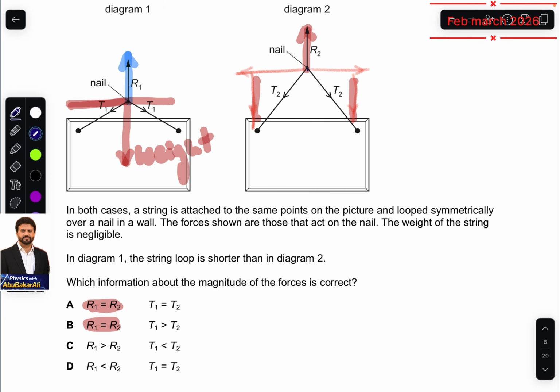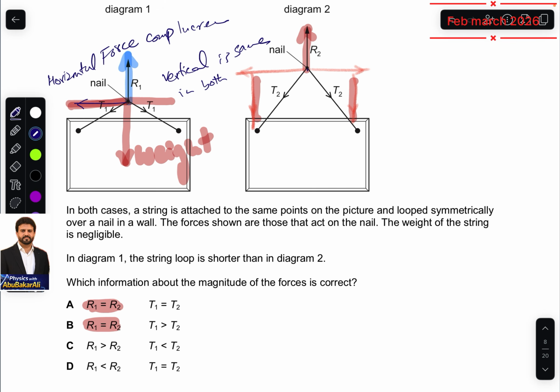When the horizontal force component increases, and the vertical is the same in both, wherever there is more horizontal component, the total force will be more.